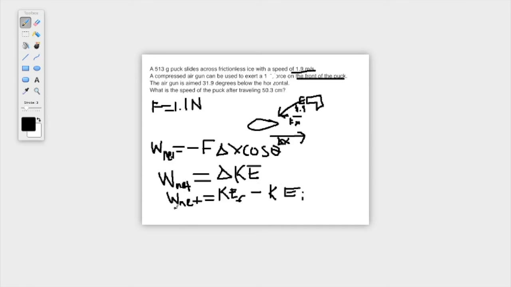So W net equals, they both have the same mass, 1/2 mvf squared minus 1/2 mvi squared. Alright?